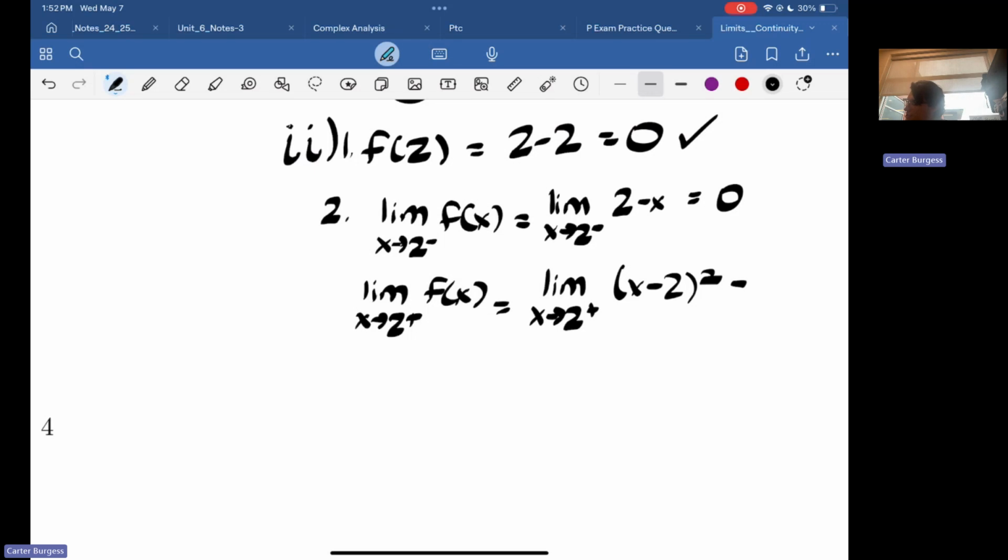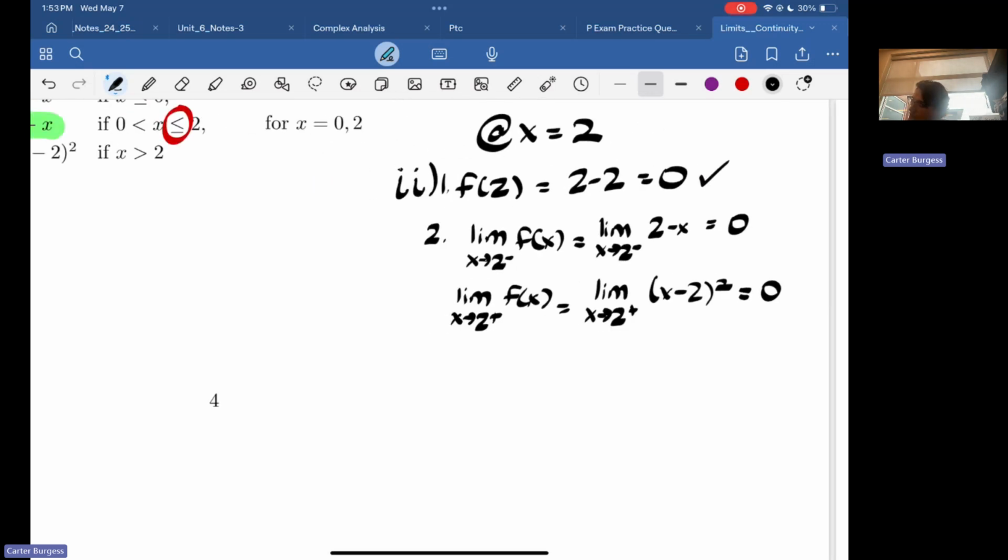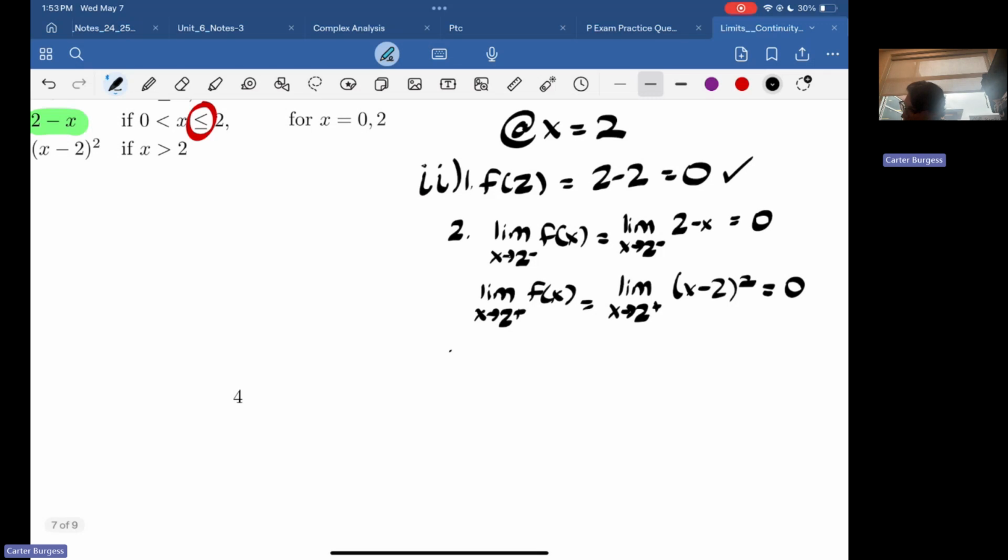No. And so what do we get to do? Just plug in. What do we get? Also 0. Do our limits agree? Yes, they do. And so our limit as x approaches 2 for this particular function exists and is 0.